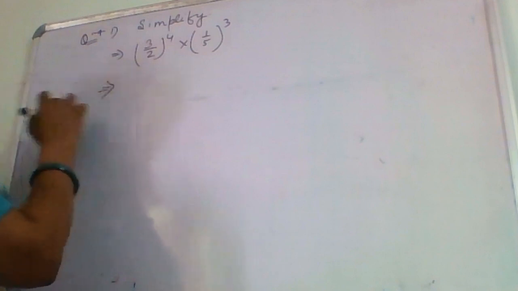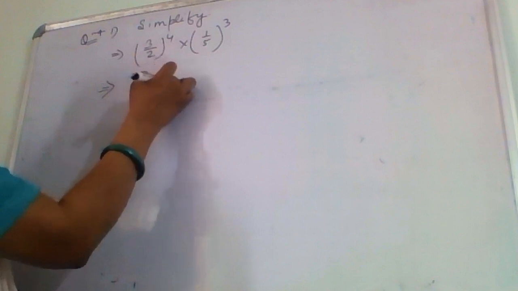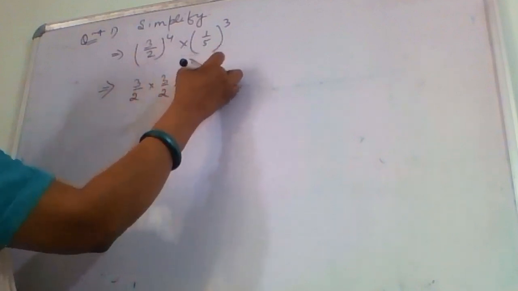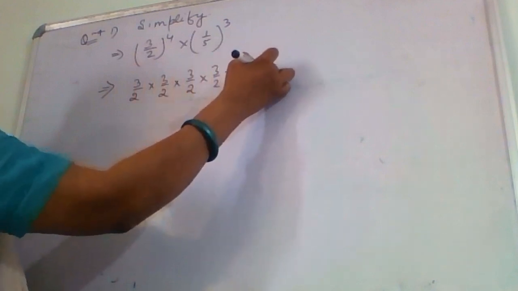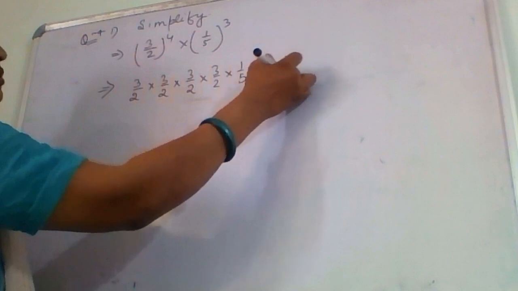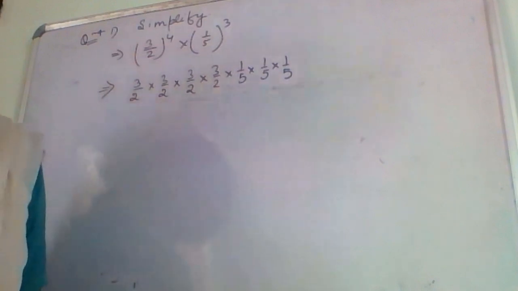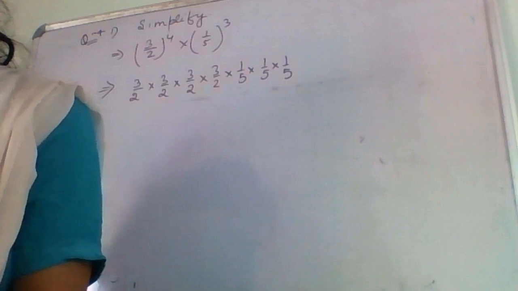So here it is 3/2 into 3/2 into 3/2 into 3/2 into 1/5 into 1/5 into 1/5. Like this we can do. So you can see whether we are having the answer in the given format.